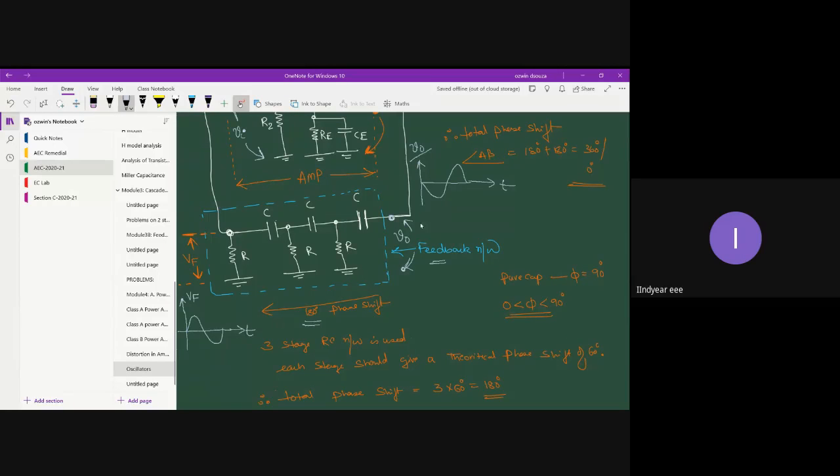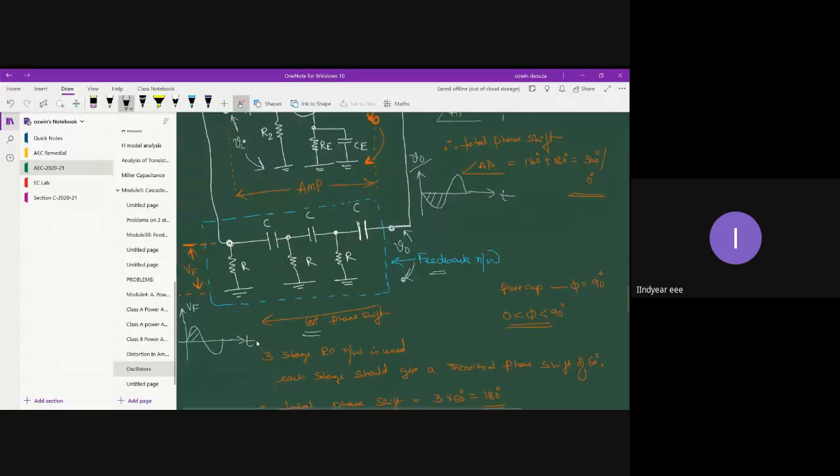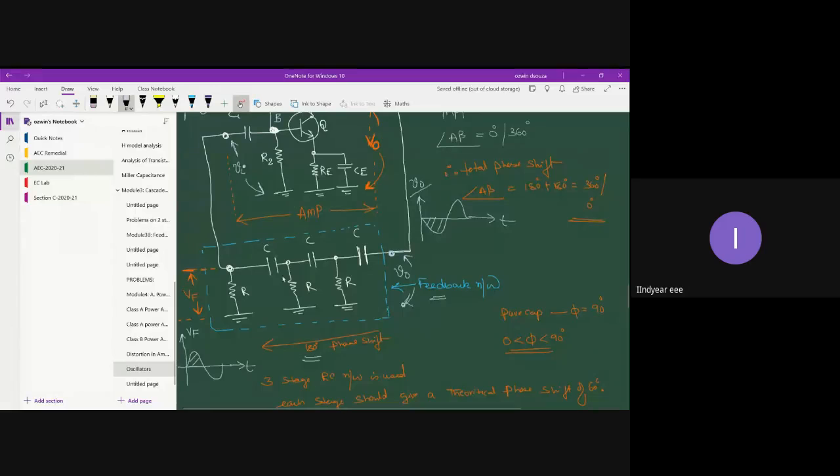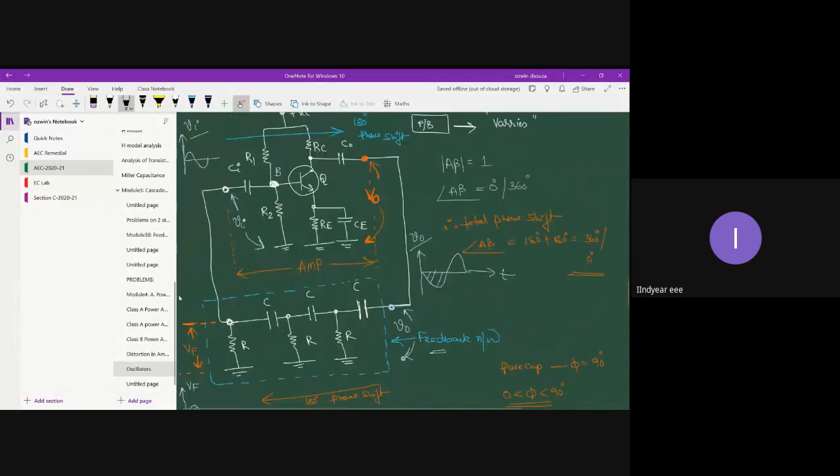So there is a 180-degree phase shift, right? See, here you have a negative going half cycle, but at the VF terminal, I mean at this terminal, you will have a positive going signal, and that is because of the 180-degree phase shift introduced by the RC element. Now you compare the phase of VF and VI.